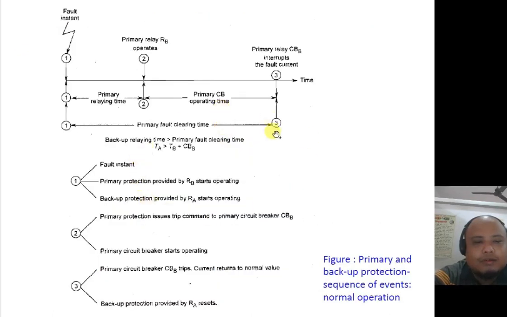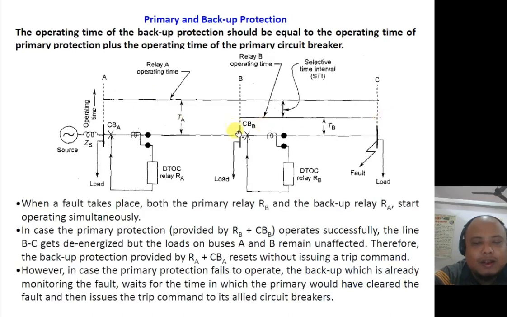So this was a sequence of events when there is a proper selective time interval and when both primary relay and backup relay coordinate correctly. Okay, then only the faulty section gets disconnected and the backup relay will reset itself, so it will not be tripped and current will be still flowing in the line.